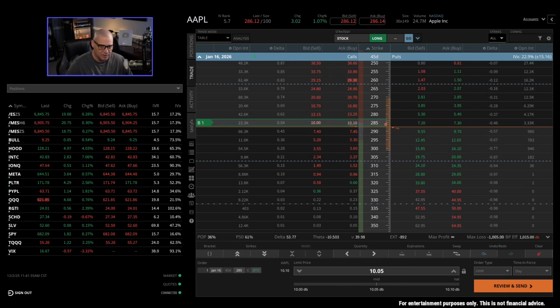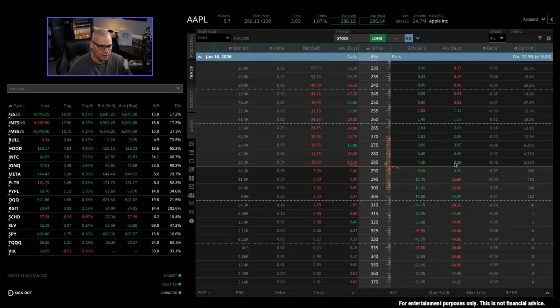Now in options pricing, everything is times 100 because this option represents 100 shares of the underlying stock. So really, if I'm paying $10 for this option, I'm really paying $1,000. It's actually $1,005, right? 1005 times 100. And that is the buying power reduction on the trade. It's the amount that I have to pay for this trade.